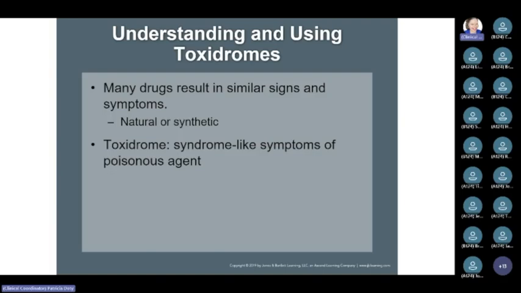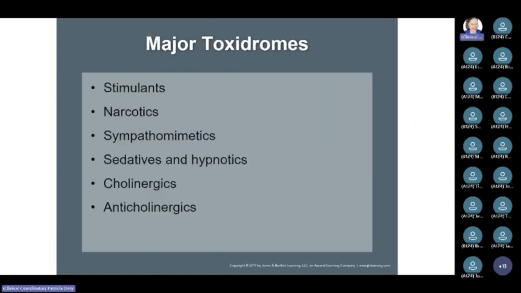All of our opioids work similarly. All of our inhaled CO2 poisonings, they're all the same. It doesn't matter where you're getting it from. So our major toxidromes are going to be stimulants, narcotics, sympathomimetics, sedatives and hypnotics, cholinergics, and anticholinergics. Yes, Jared, thank you. That is exactly what that looks like.